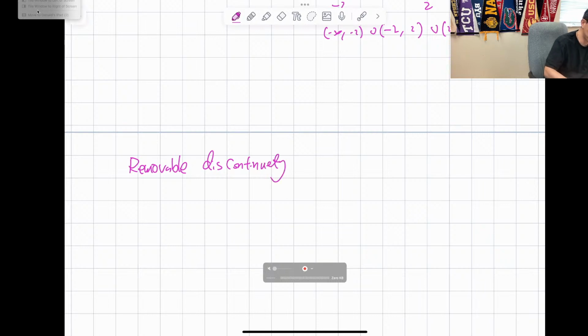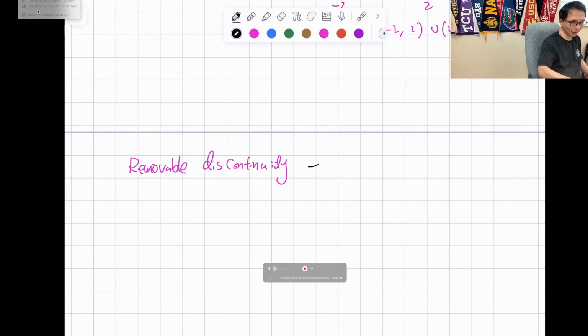Is that the right spelling of continuity? Okay, removable discontinuity. In human language, not a fancy word, it's also known as something else. Hold on, let me get to that in a second.